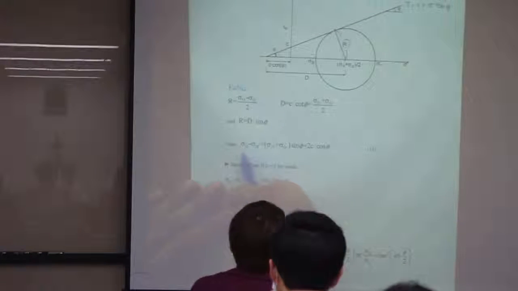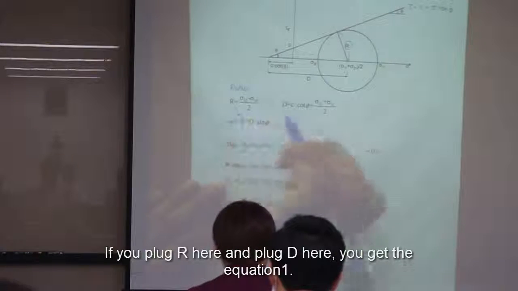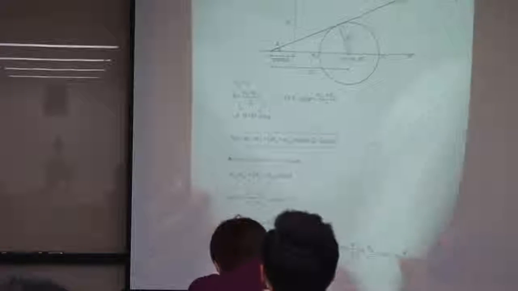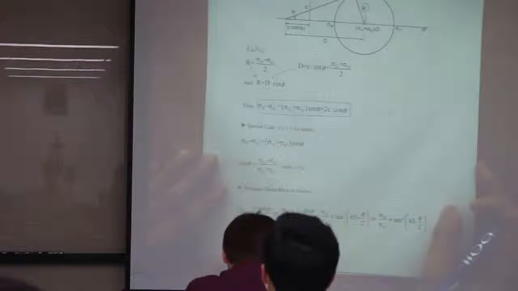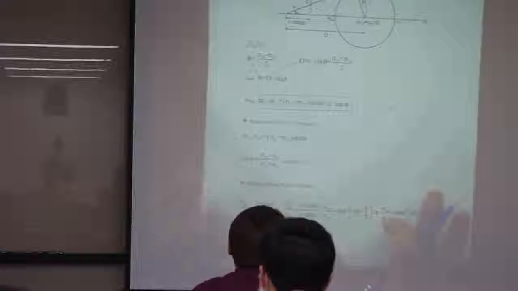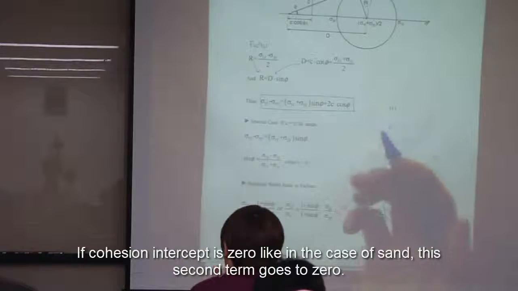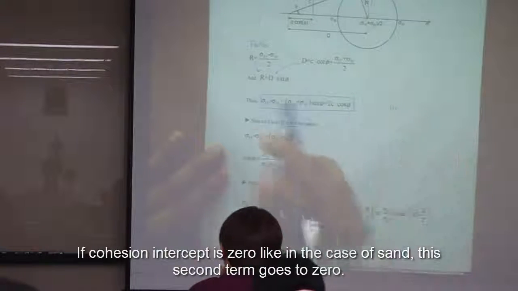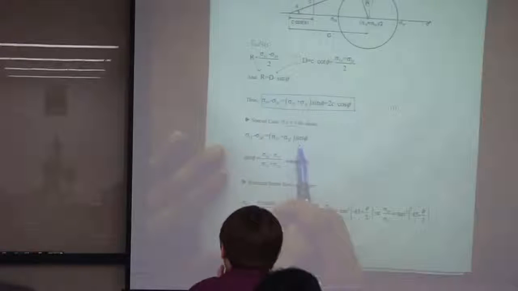So you can divide this equation. If you plug the R here, if you plug the D here, then you get equation 1. Sigma 1 minus sigma 3 equals sigma 1 plus sigma 3 times sine phi plus 2 times cohesion times cosine phi. And if the c, the intercept, is 0, like the case when you have sand, then the second term will go to 0, so you only have sigma 1 minus sigma 3 equals sigma 1 plus sigma 3 times sine phi.